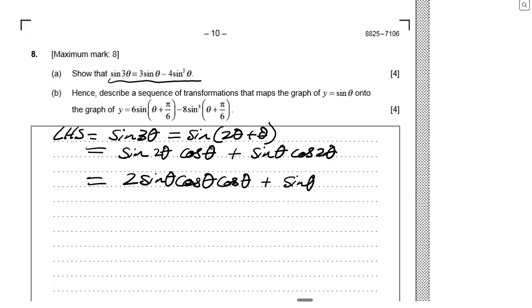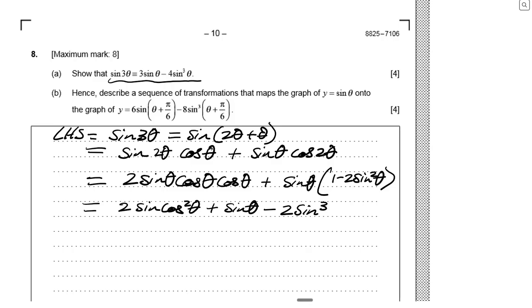So we have sine theta times 1 minus 2 sine squared theta. And that is 2 sine cos squared theta plus sine theta minus 2 sine cubed theta.